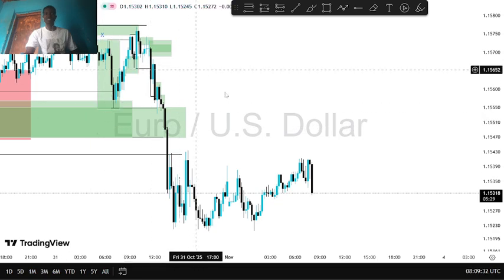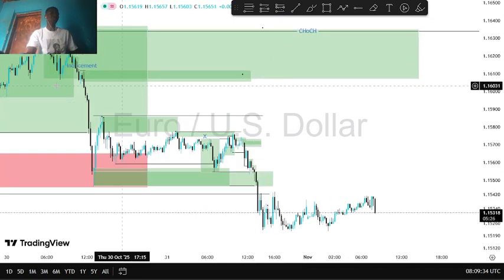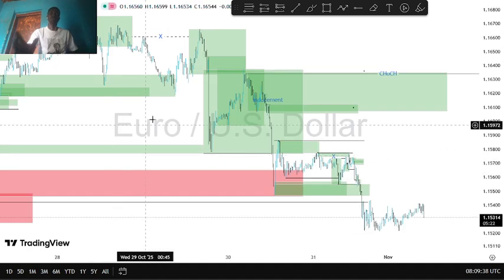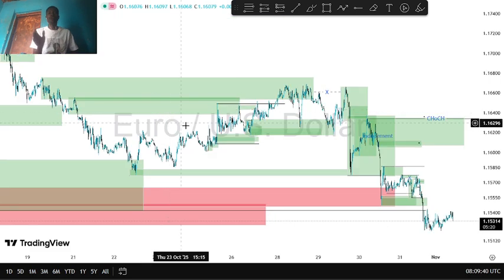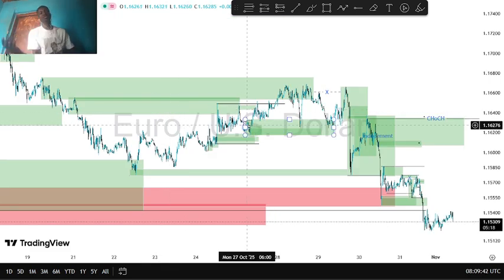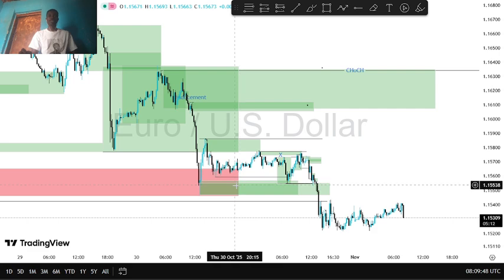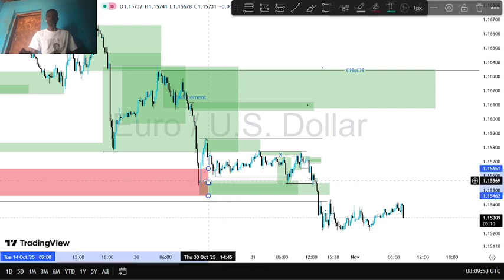I was expecting price to sell because of this bearish move that broke this structure in the 15 minutes, and everything on the 4 hours speaking for sales. When I came here, I saw that it mitigated this 4 hour demand region here.